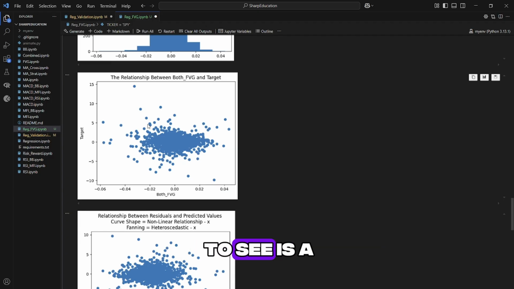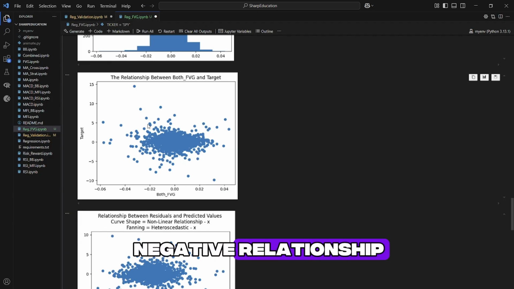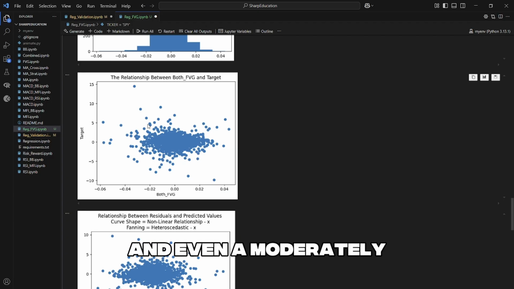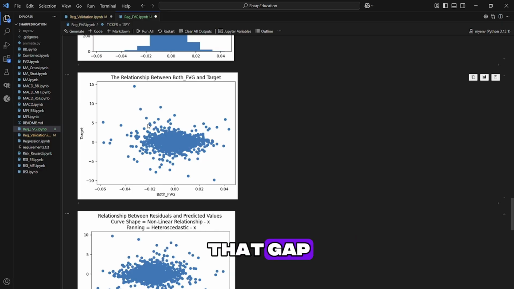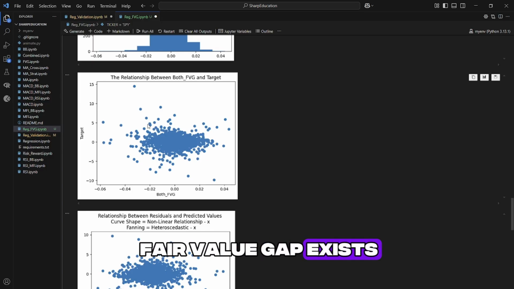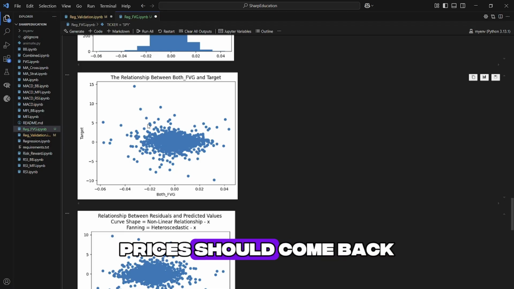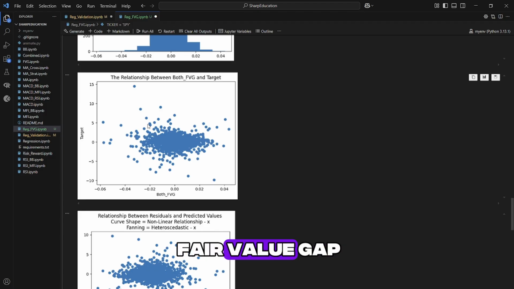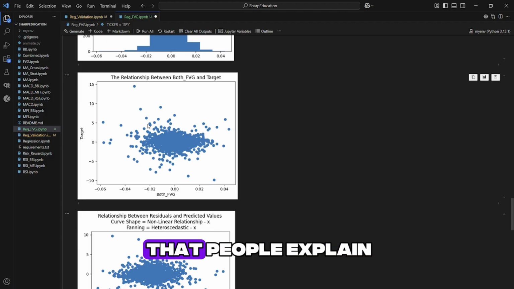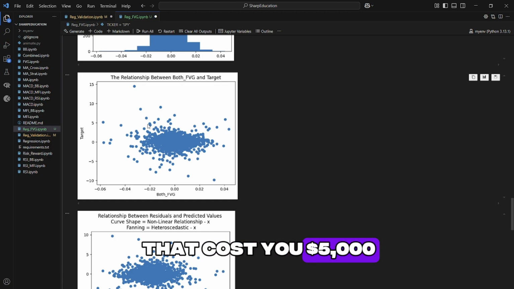What you would want to see is a negative relationship, and even a moderately negative relationship. So when a bullish fair value gap exists, that means prices should come down to fill that gap. And when a bearish fair value gap exists, that means that prices should come back up to fill that fair value gap. This is the narrative that people explain often in paid courses that cost you $5,000.